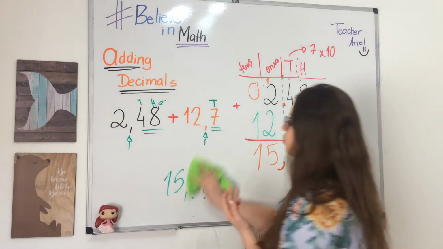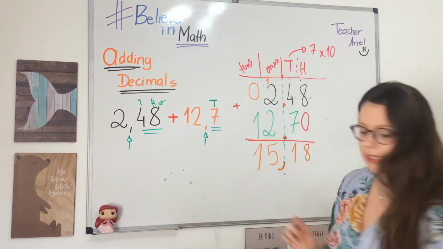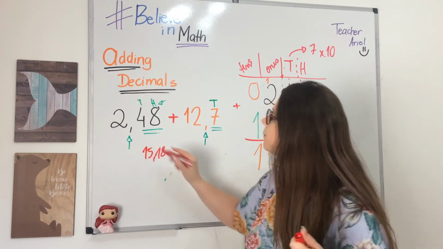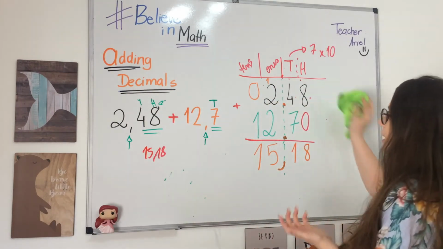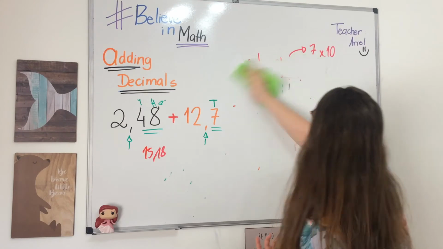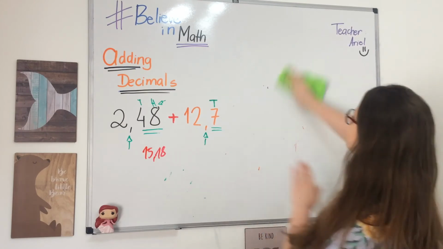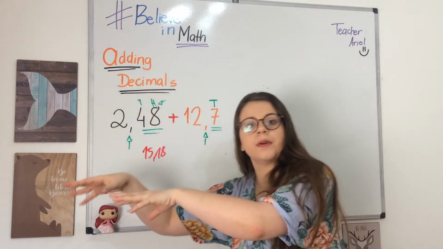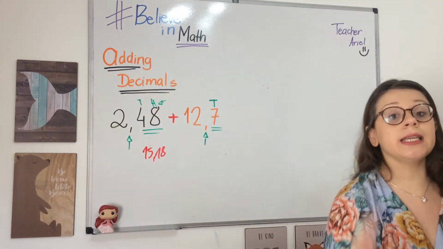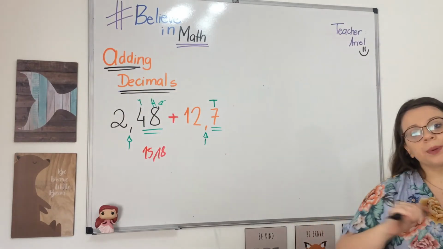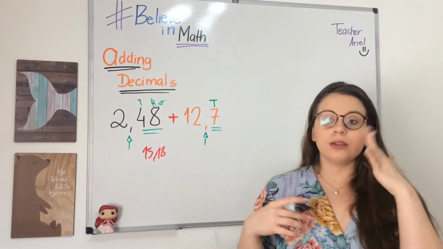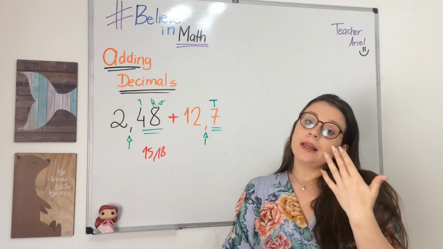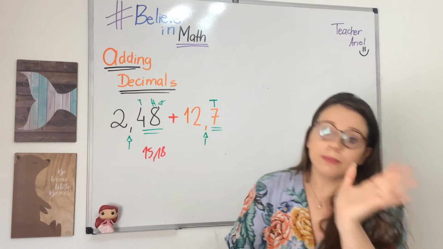Another strategy that you could use, let's keep these results to check if the strategy is going to work, right? You can break the number that you have. You can break and you can add first the whole numbers and then the decimal numbers. It can be done, but personally, I think the chances that you get distracted and commit a mistake is greater than the other strategy, but it can be done.